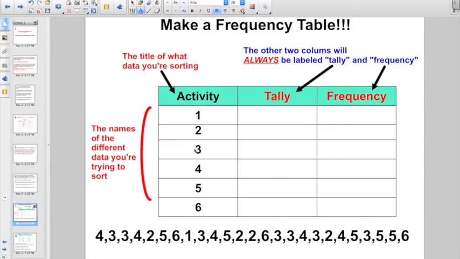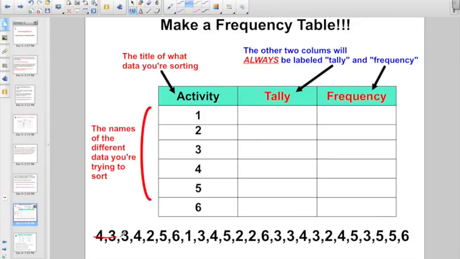And the whole column on the left-hand side is going to be the names of the different data that you're trying to sort. Remember, here is our raw data collection right here. So we better get ready to start sorting it.